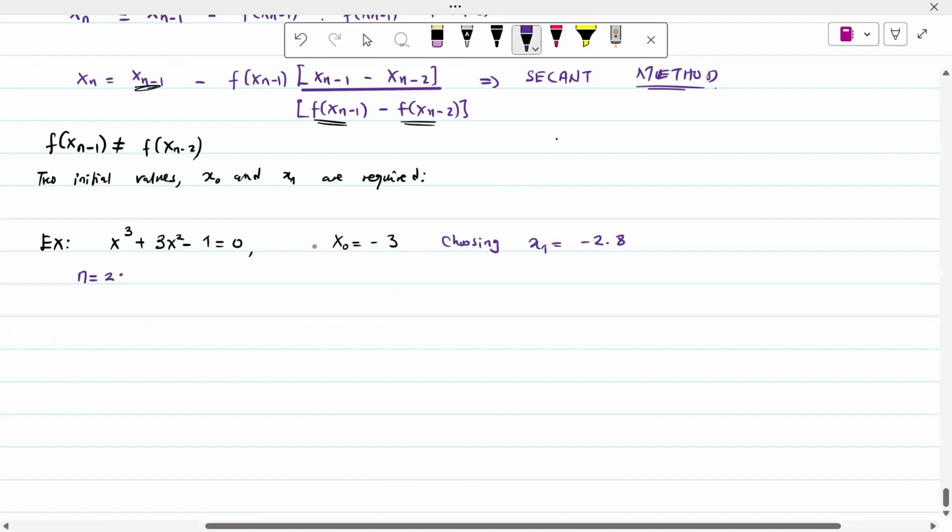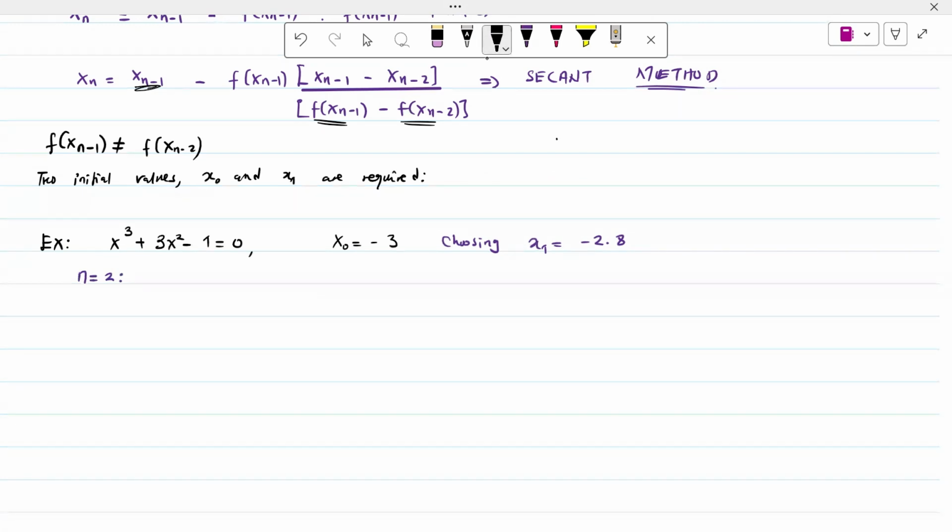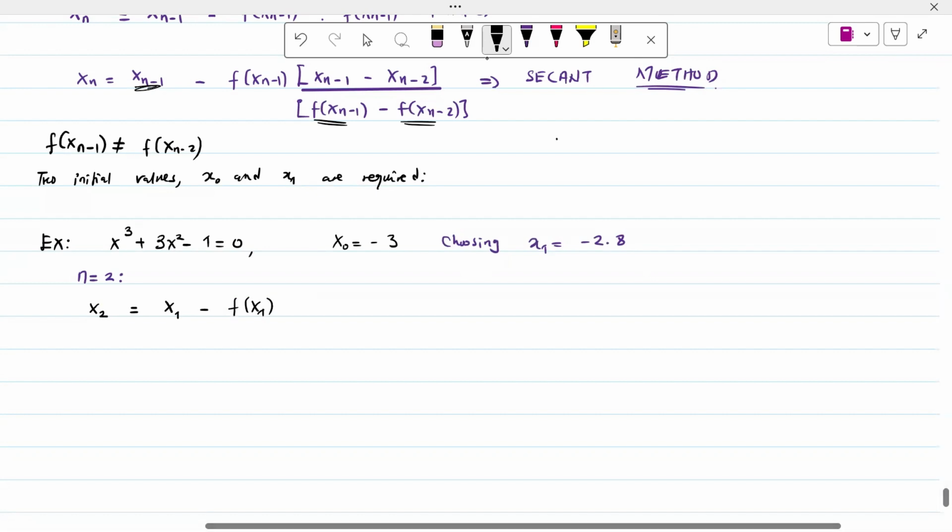So for n equal to 2, let's see what we get. For this method, let's substitute 2 everywhere you see. So the method becomes x2 equal to x1 minus f of x1, multiplied by x1 minus x0, because if you put 2, it'd be 2 minus 1 for x1 and 2 minus 2, that is x0, divided by f of x1 minus f of x0.